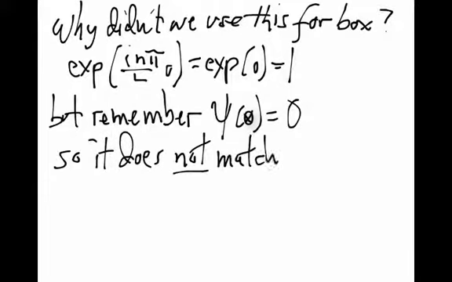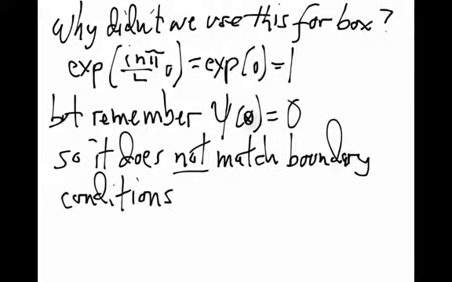So the complex e to the i n pi over L x does not match the boundary condition, because it had to be 0 at 0. In fact, it has to be 0 at L as well. So for that reason, this simple e to the i n pi over L x, even though it's an eigenfunction of both momentum and kinetic energy, doesn't match the boundary conditions, and it doesn't work. Sine does, and so sine wins out.